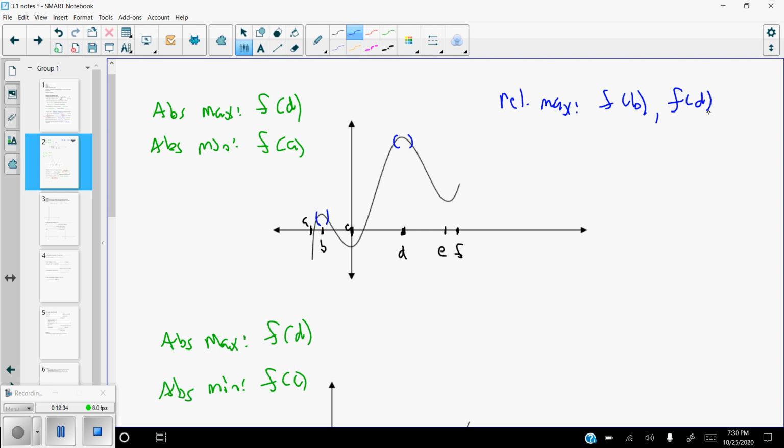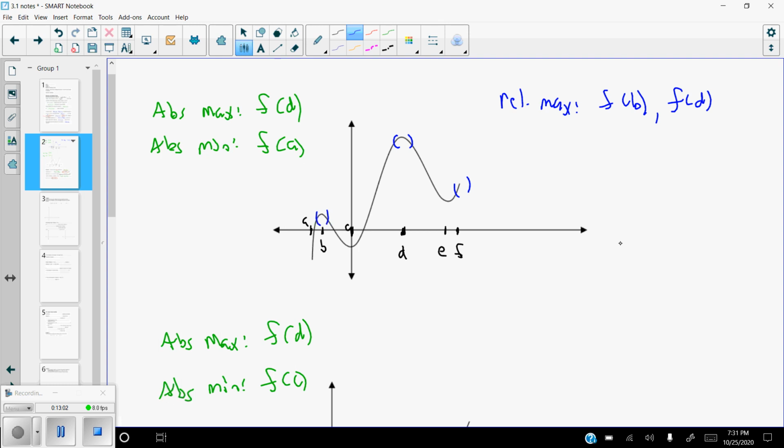Now, I want to make sure that you see this. We do not have a relative maximum at f. And the reason for that is this. I cannot create an open interval, which is why I've been using parentheses, around f. I cannot create an open interval there because, as you can see, to the right of f, there is nothing in the graph. So an endpoint of a graph cannot be a relative max or min.